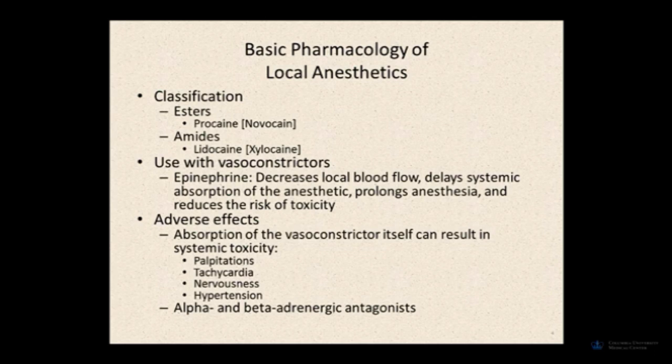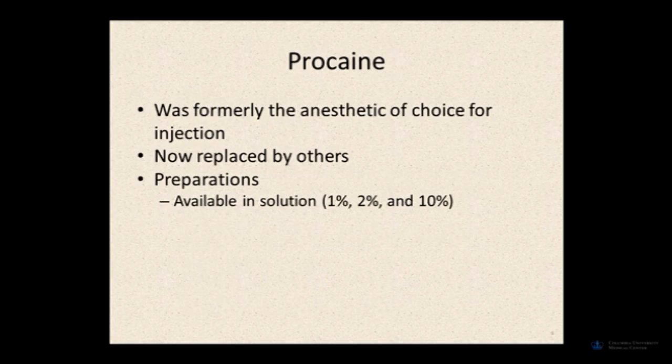If the effects are more significant because the dose of epinephrine was more, an alpha or beta adrenergic antagonist can be used as kind of an antidote to block the effects of epinephrine. But that's not normally necessary with the application of local anesthesia.